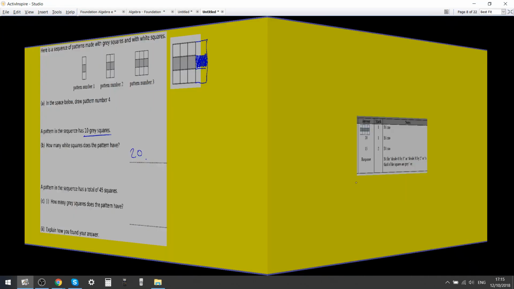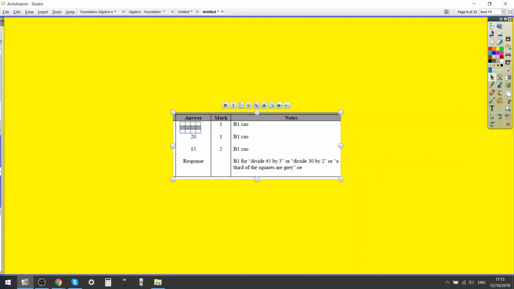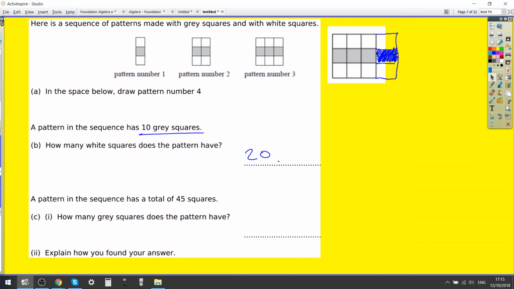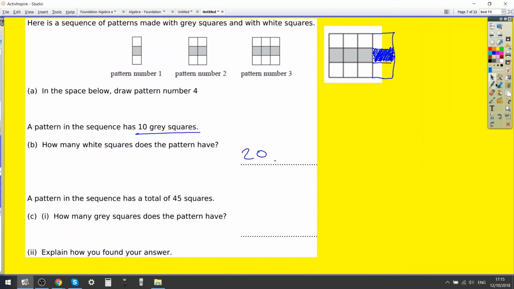I think that would be 15. What's this thing doing? 15. So for this one, I'd have to make a table. So for pattern 1, let's see. So how many squares are we adding each time? 3.